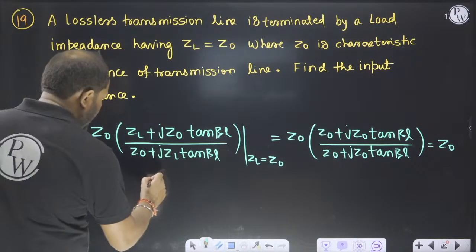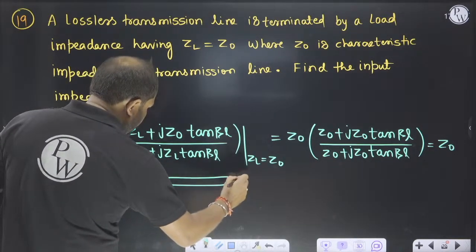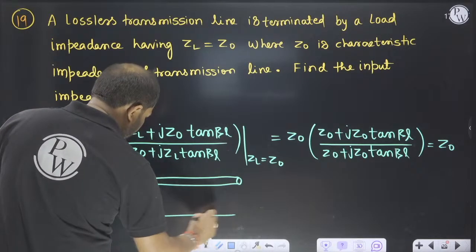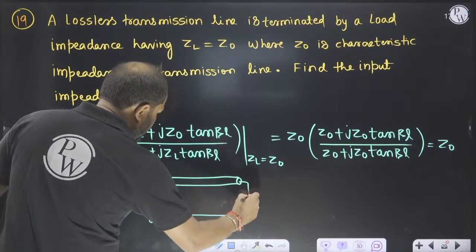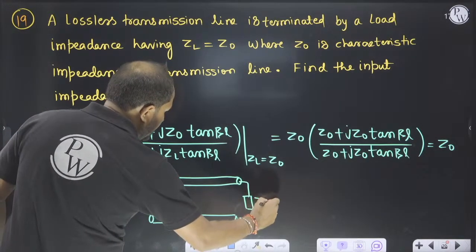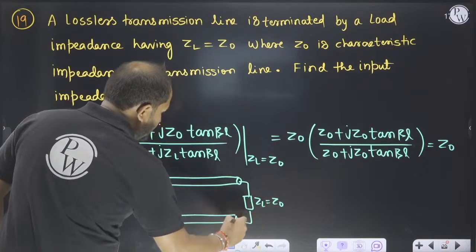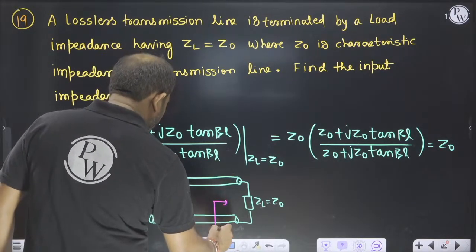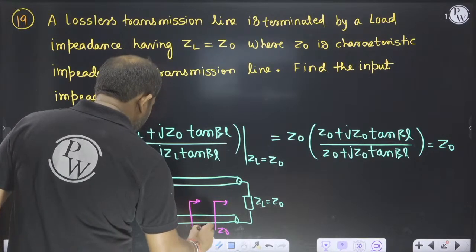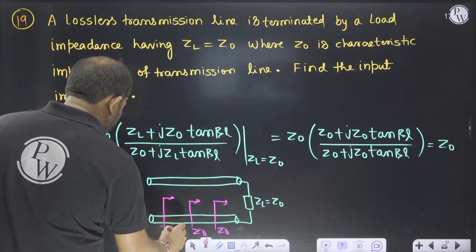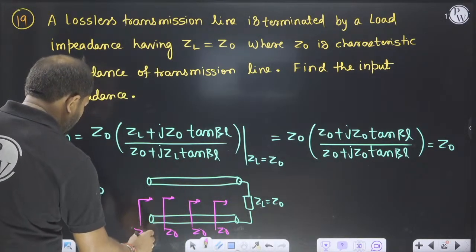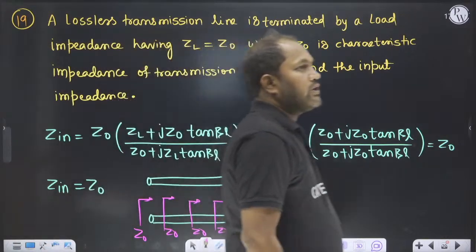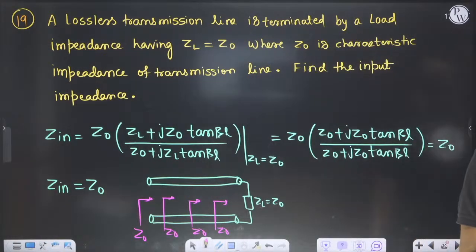That means input impedance does not depend upon length. Everywhere the input impedance will be Z naught. Here Z naught, at this point Z naught, at this point Z naught. So input impedance does not depend upon length in matching condition.